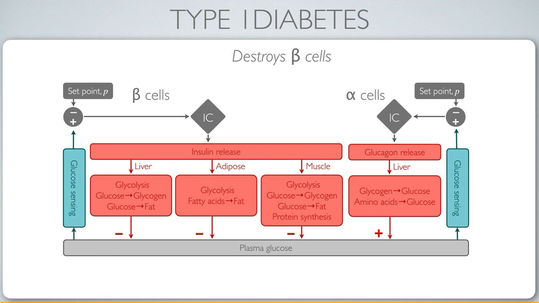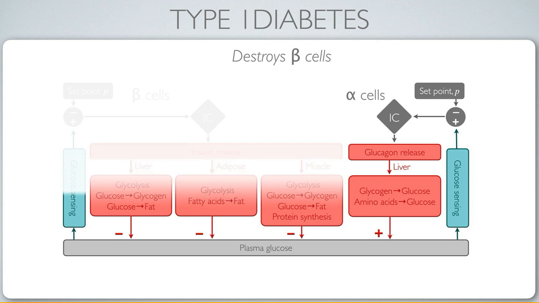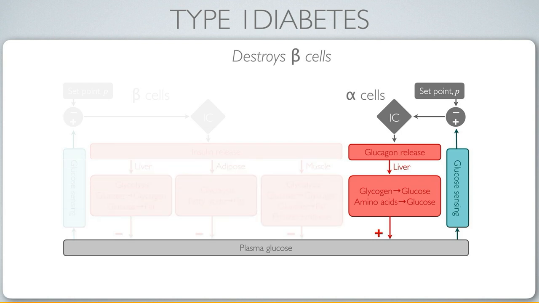And because the consequence of this autoimmune deficiency is that it kills the beta cells in the pancreas, then we essentially lose the ability to reduce plasma glucose concentrations. So this results in hyperglycemia, which is quite dangerous.